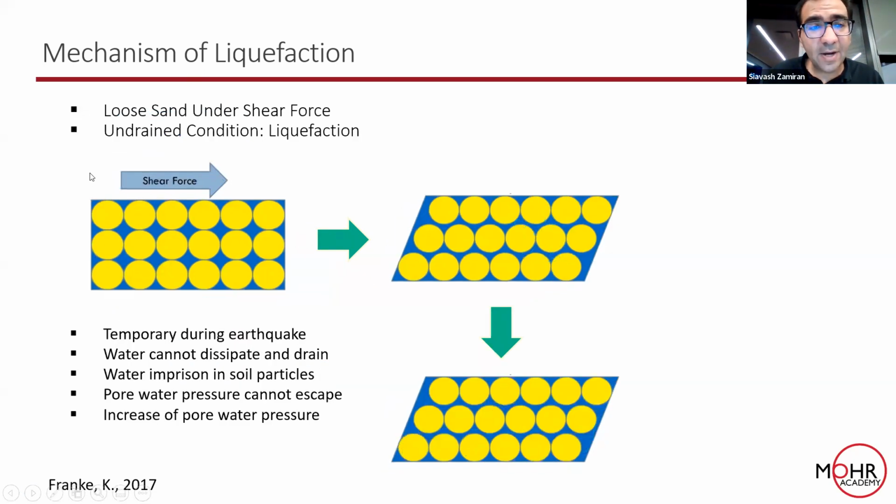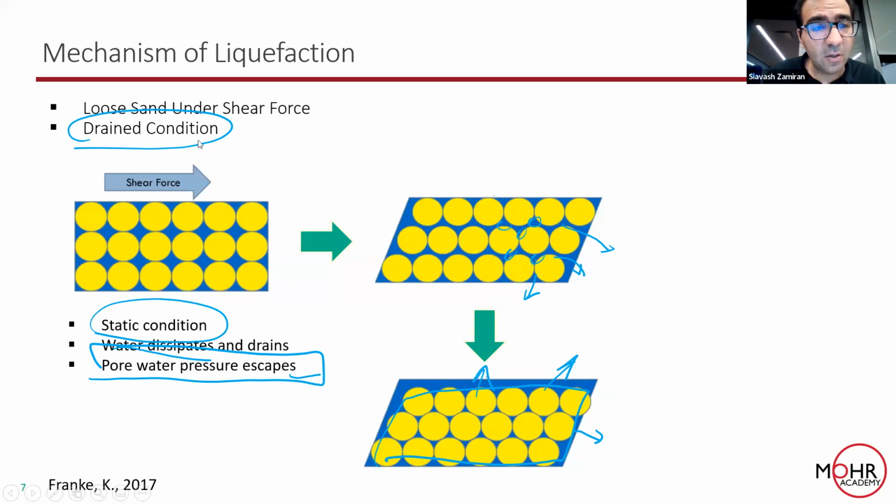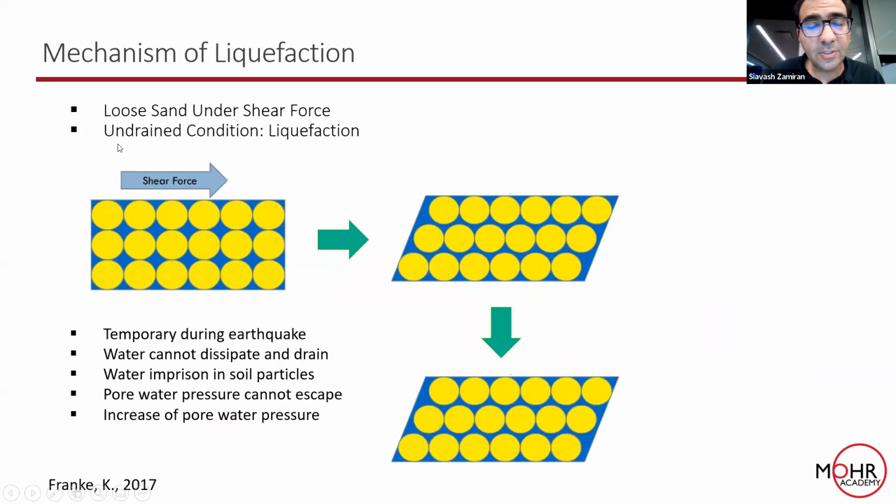Once we get to earthquake loading, the drained condition of the loading is switched to an undrained condition. In earthquake loading, for the same sample of loose sand under shear force, this time we have the earthquake shear force, which is actually a cyclic loading.